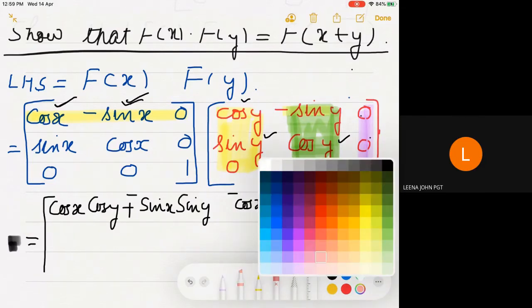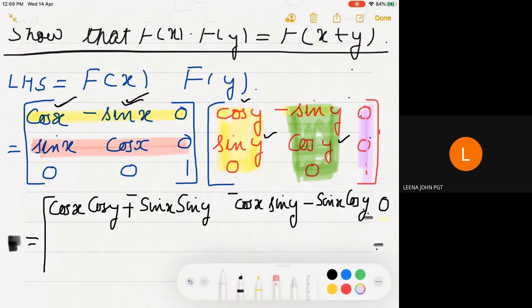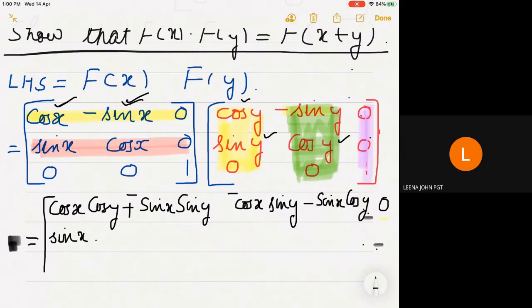What is the second row? The row is always taken from the first matrix. Now the second row, you have to continue with the same process. So the second row, if you multiply with the first column, the corresponding elements you are multiplying, you are getting sin x into cos y.